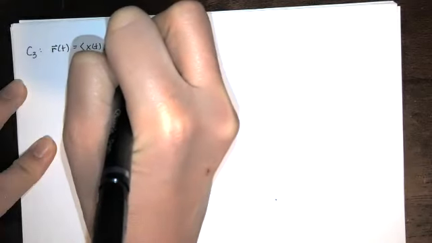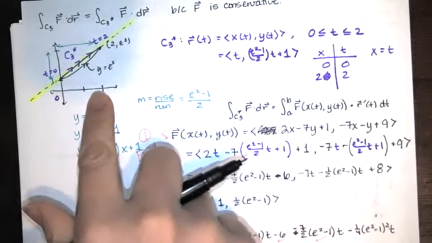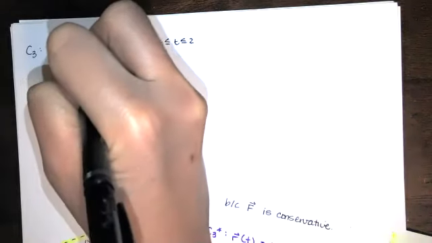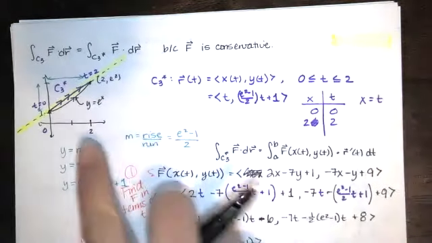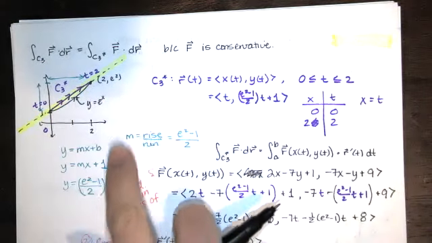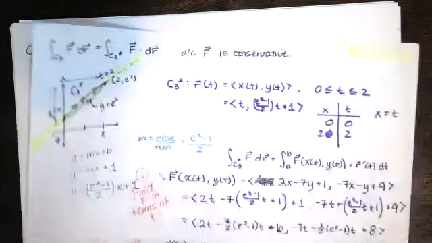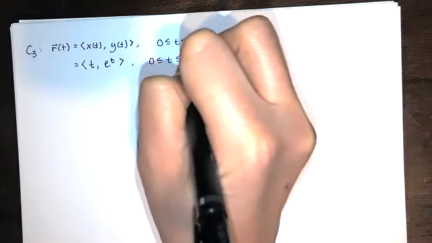So if I am parameterizing that C3 and we're in the plane, so R will have an X component and a Y component. X still goes from 0 to 2, so it still makes sense to let T go from 0 to 2 and just let X equal T. Well, if we're on this curve where Y is equal to e to the X and X equals T, I'll just replace the X with a T and I'll get Y equals e to the T. Yeah, I think this is going to end up being a much simpler integral.